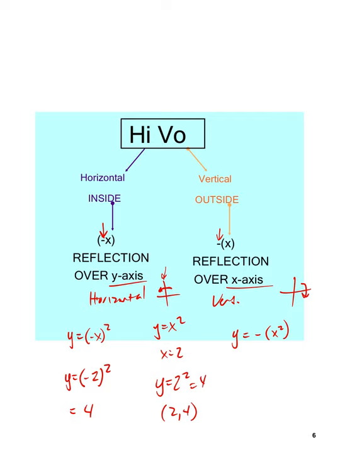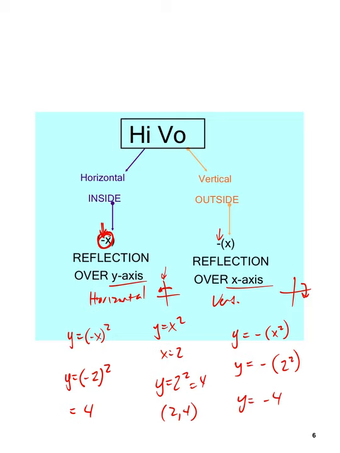Knowing that we've taken the 2 and made it a negative proactively here. So yes, we still use an x of 2, but we're proactively applying a negative to it, so we are making it the opposite x term. Versus on the vertical reflection, if we put a negative out front and this is just 2 squared, this would be y equals -4 because 2 squared is 4.